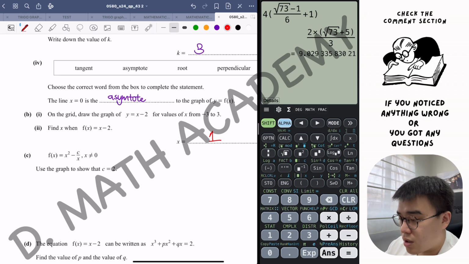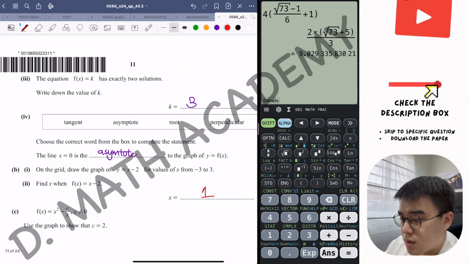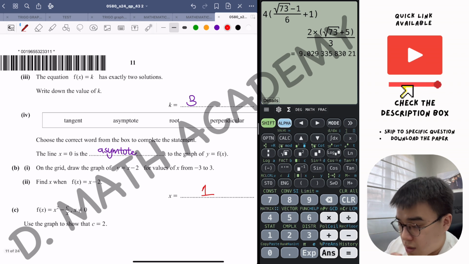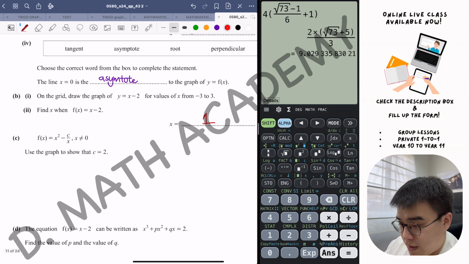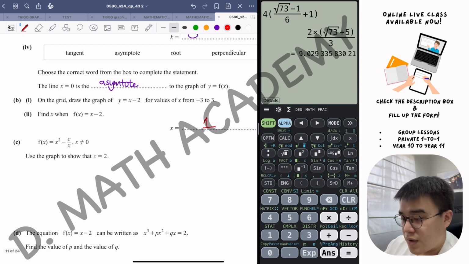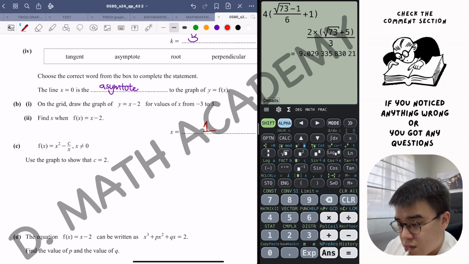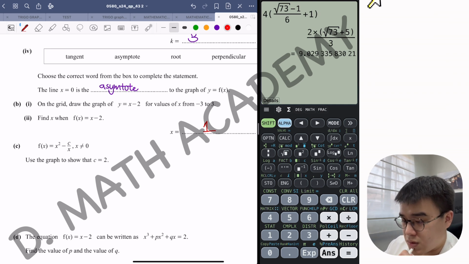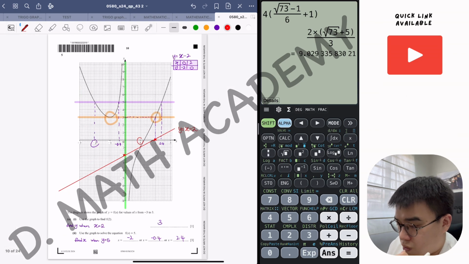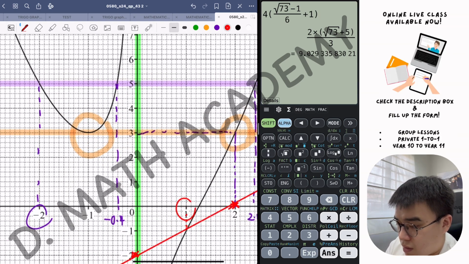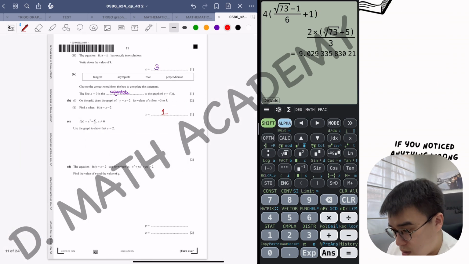What are they asking us to find? Exactly 2 solutions. So I'm going to use one of the points that I can find here, which is -1 and 3.